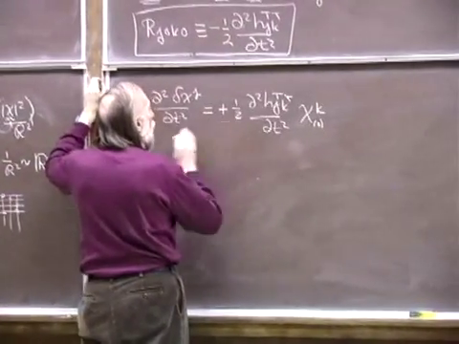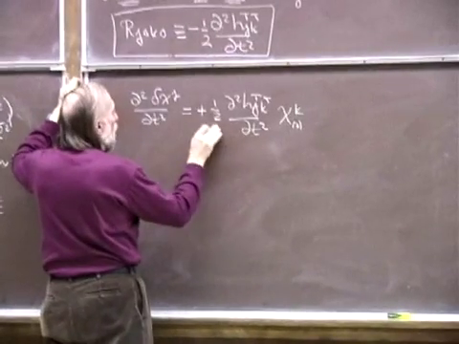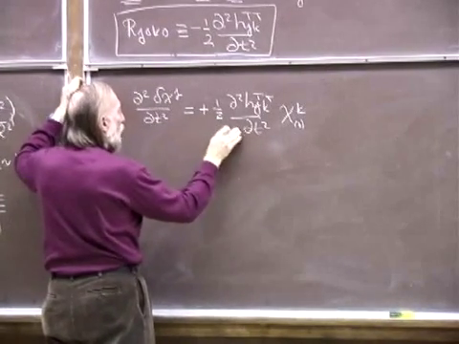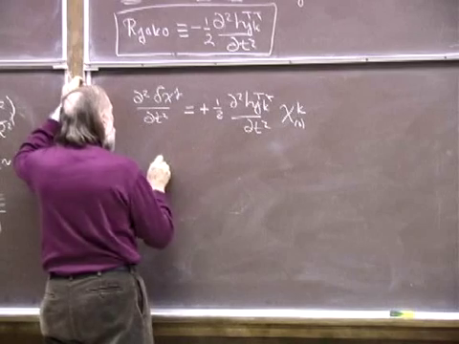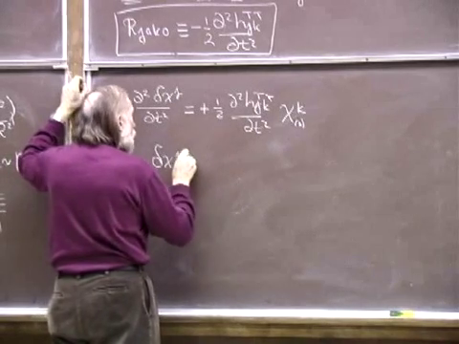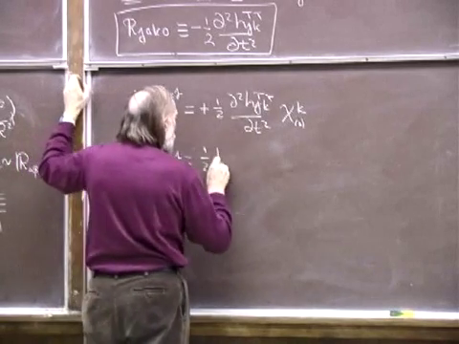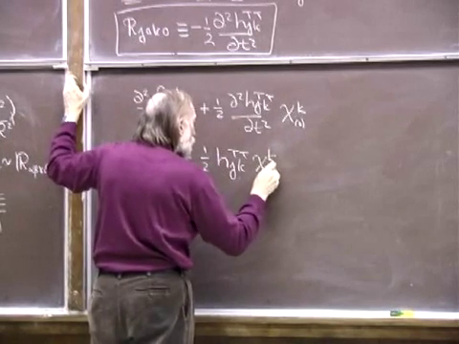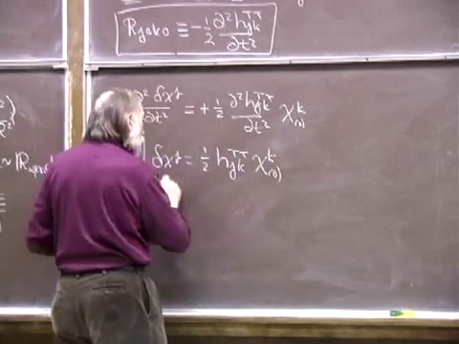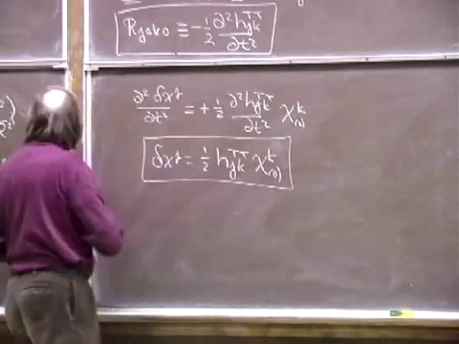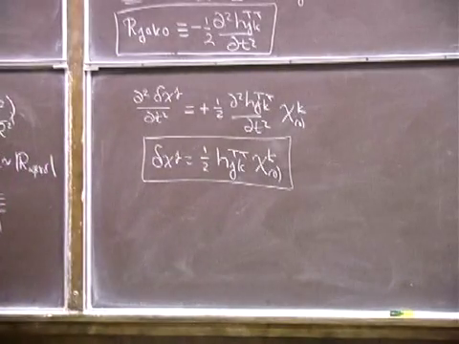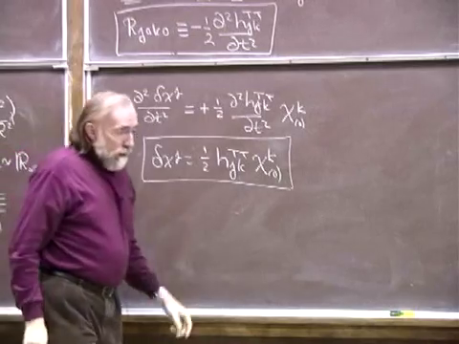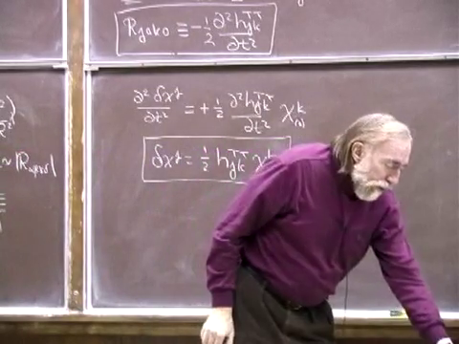And so the bottom line then, if I integrate this with that initial condition, is simply that delta x_j is equal to 1/2 h_jk^TT times the unperturbed coordinate position of my particle B. So that's a very simple relationship.